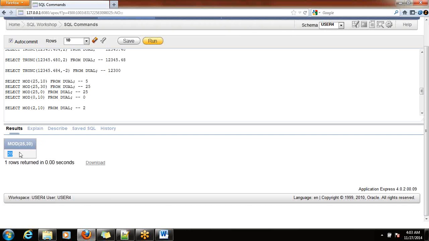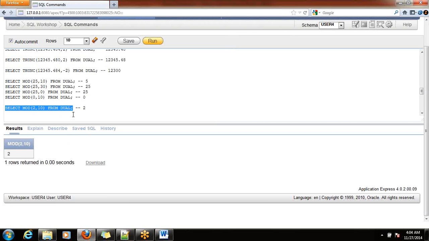Here 25 divided by 30 gives 25 itself, that is the remainder. And here 0 divided by 10, the remainder is 0. And 2 divided by 10, the remainder would be 2 itself, because the first argument is less than the second argument.